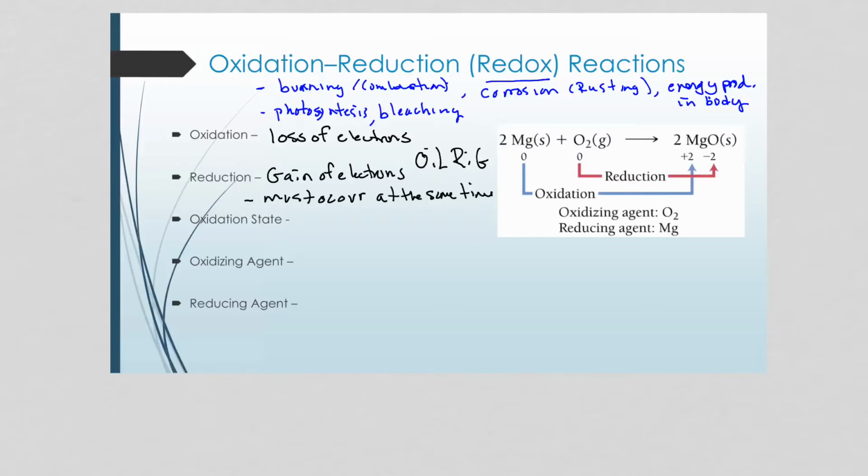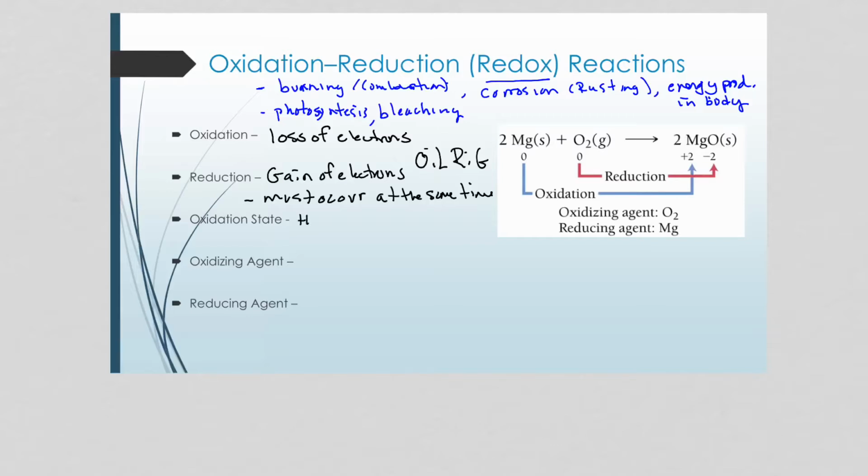Now, one of the ways that we keep track of this is with the use of what are called oxidation states or oxidation numbers. And what these are, are sort of fake charges, right?